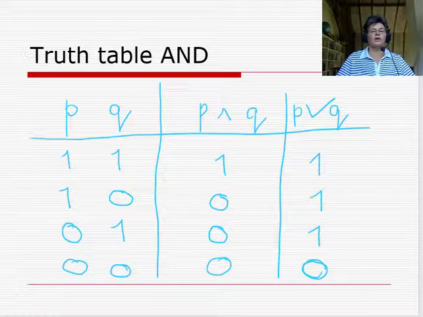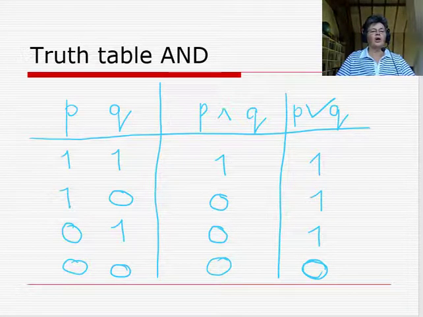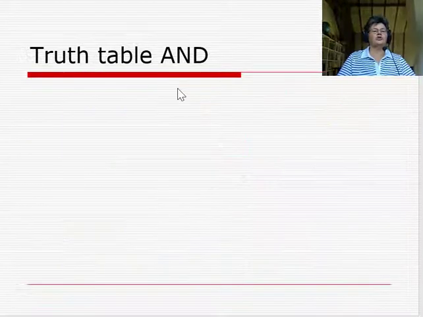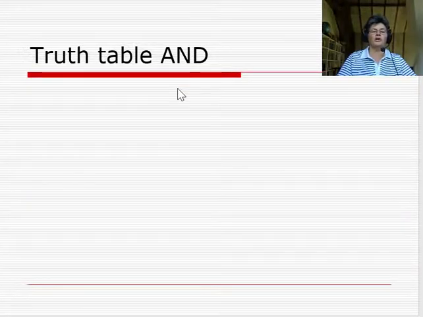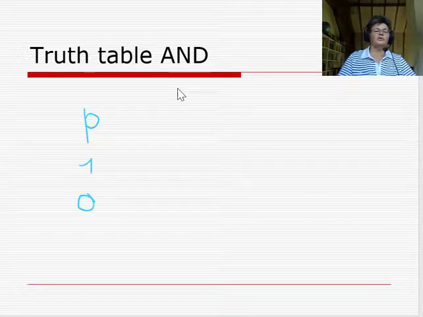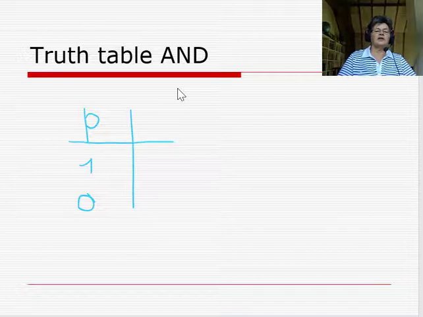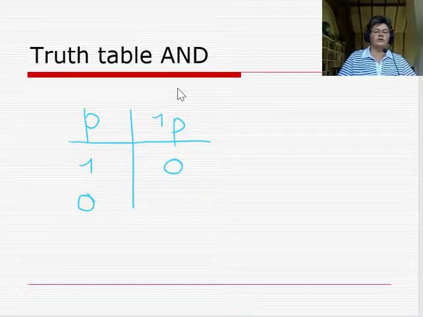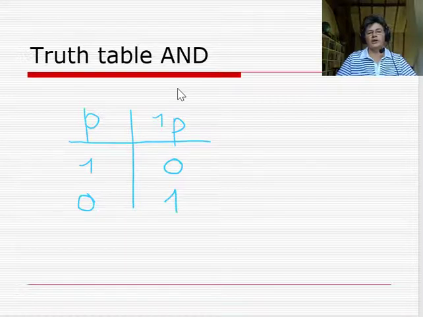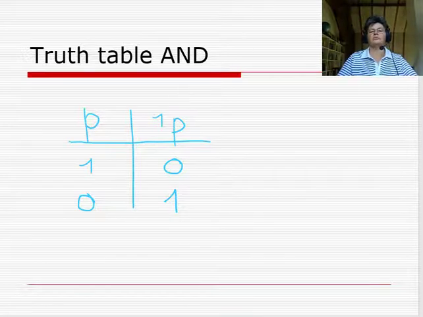And there is one last one that's called the negation, but the negation only applies to one proposition, so it is not P. So we have P with two possible values, and then the negation, not P, is defined with: if P is true, not P is false, and if P is false, not P is true.